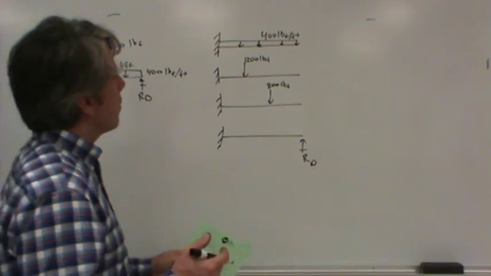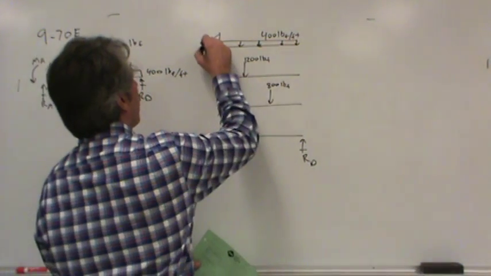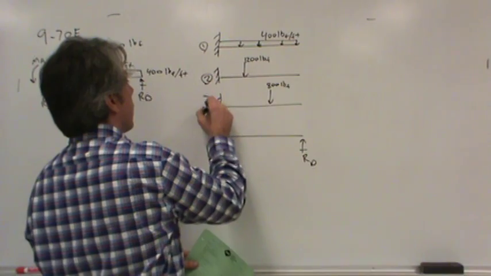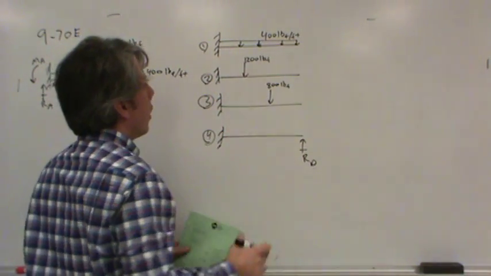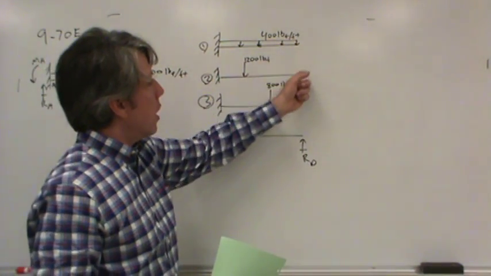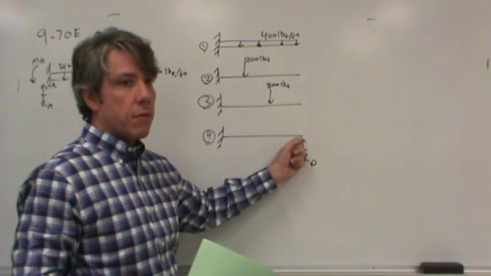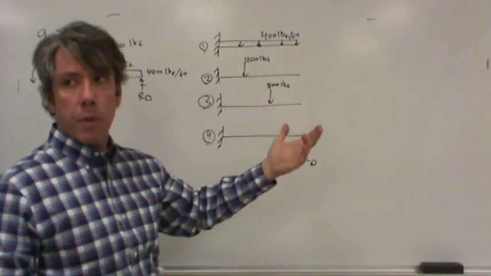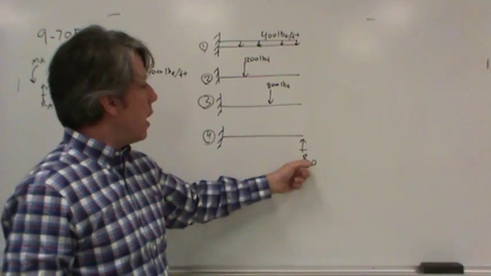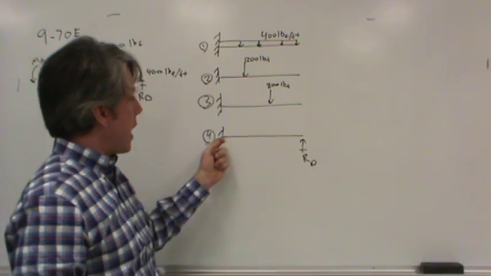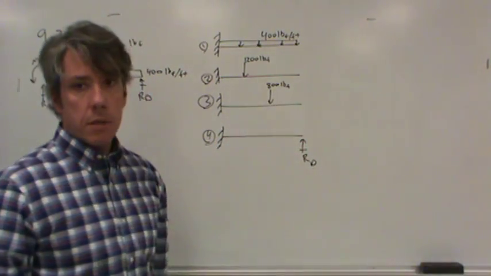Now, here's the basic idea. If we call this 1, 2, 3, 4, we could calculate the deflection out at the end from each of these loads, or at least come up with an equation in the case where we don't know RD, that represents the amount of deflection out at the end of a beam that's loaded this way. It's pretty simple, right?